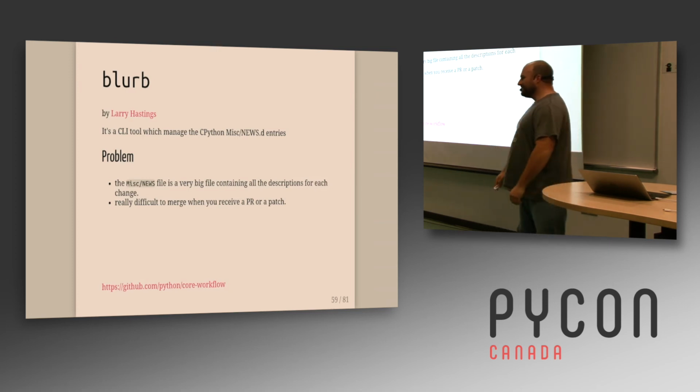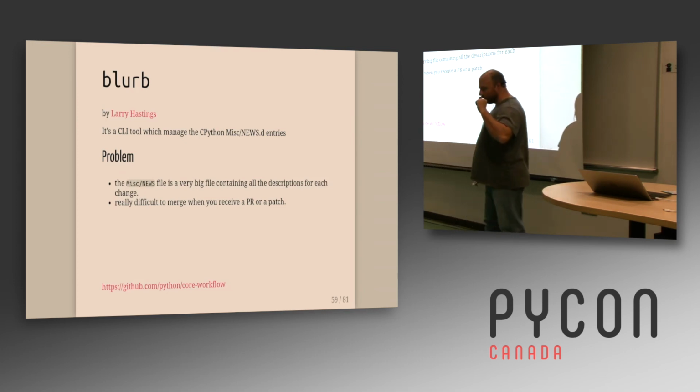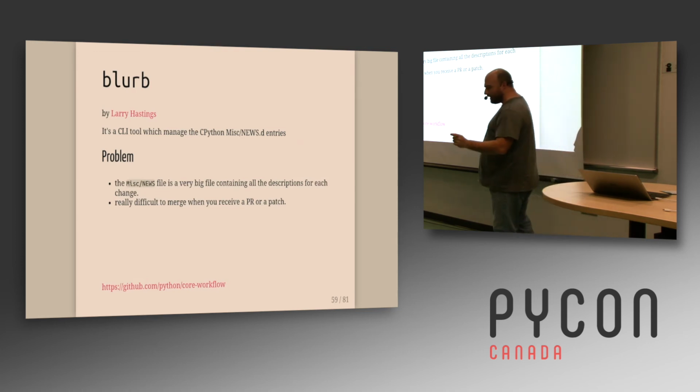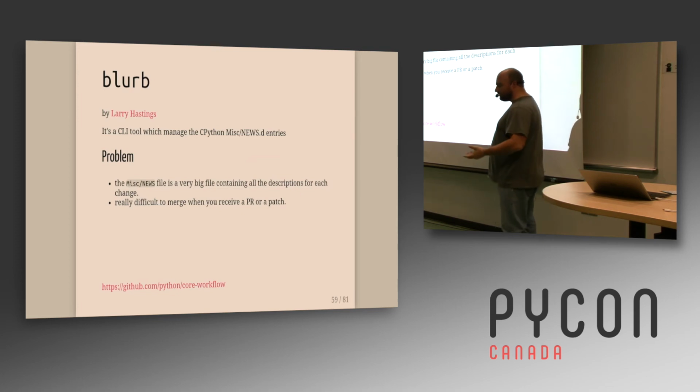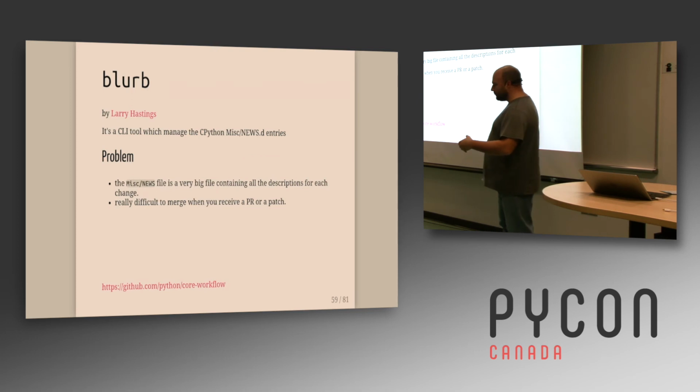Why not? It's just a CLI tool. When you use it, it will create one file with a timestamp containing the description of the commit, the explanation of this commit. For example, I'm going to add a new command to the HTTP server.